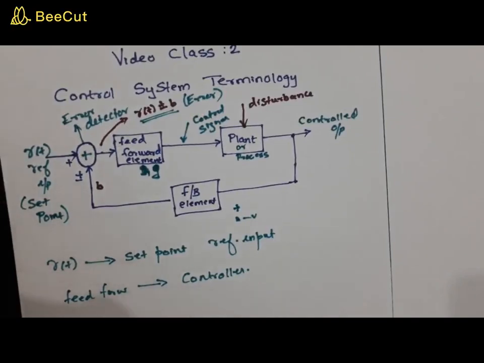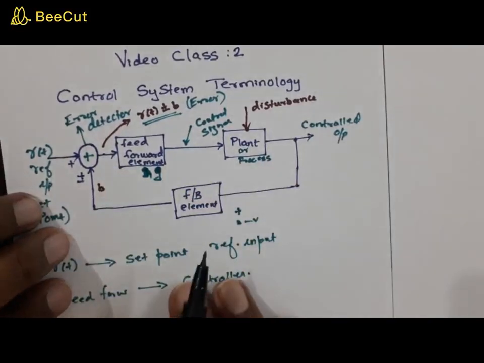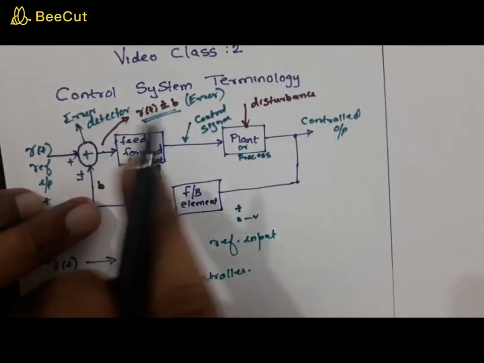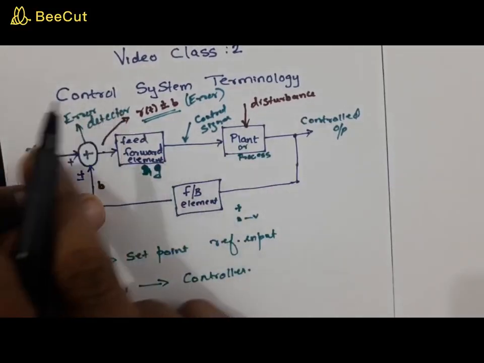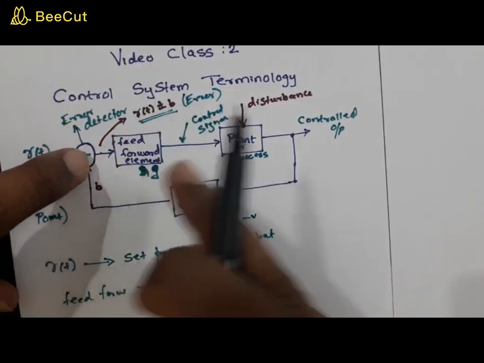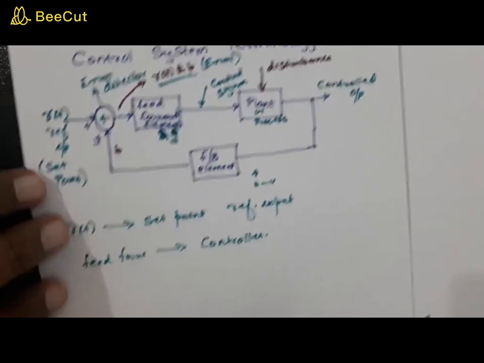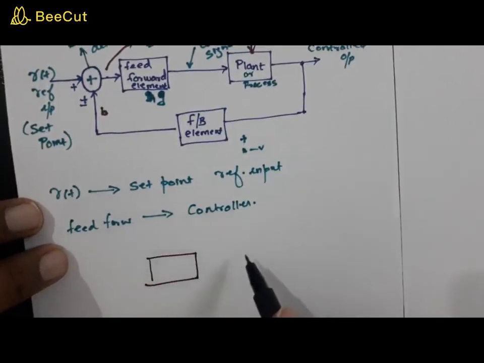Now, what will happen if you don't have this feedback? If you don't have this feedback, then that becomes an open loop system. That open loop system will have no reference point. So when you take away this feedback, you're going to get two blocks.